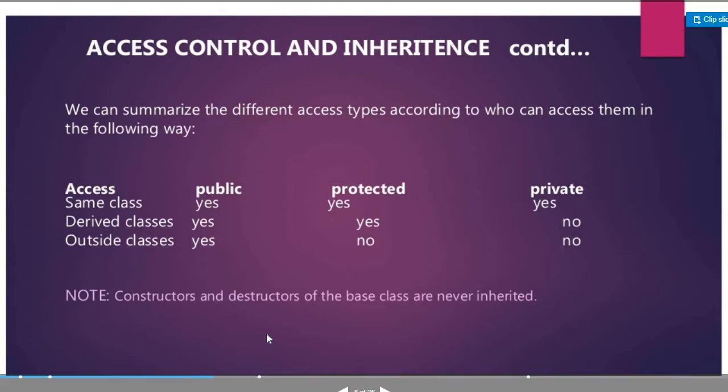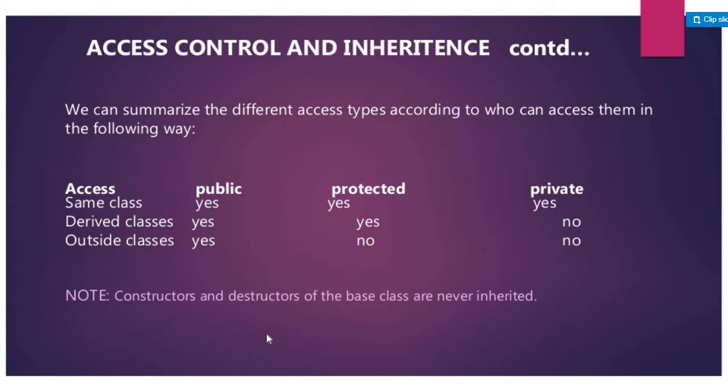Now, for access control and inheritance, we can summarize the different access types according to who can access them in the following ways: access from the same class, public, protected, and private. Same class: public yes, protected yes, and private yes.